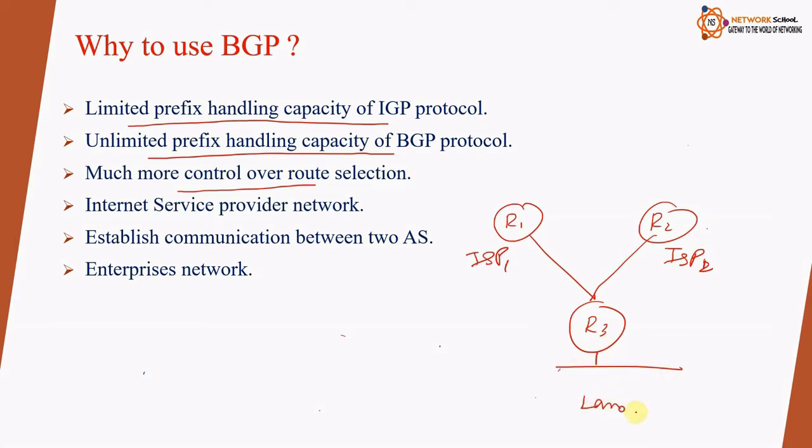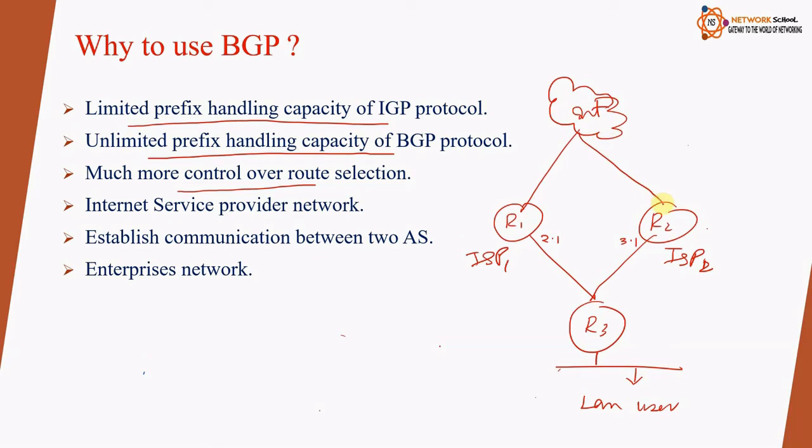The gateway of ISP1 is 2.1 and the gateway for ISP2 is 3.1. Say one of my LAN networks would like to go to the internet. We have an internet here, and ISP1 is connected to the internet, ISP2 is also connected to the internet.